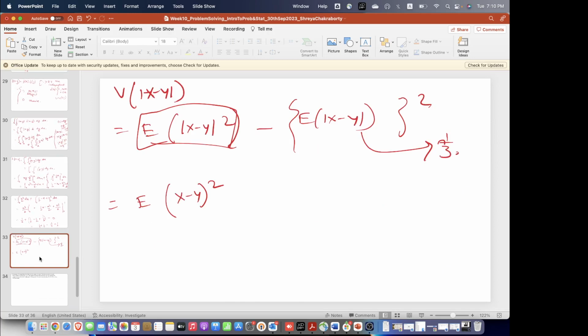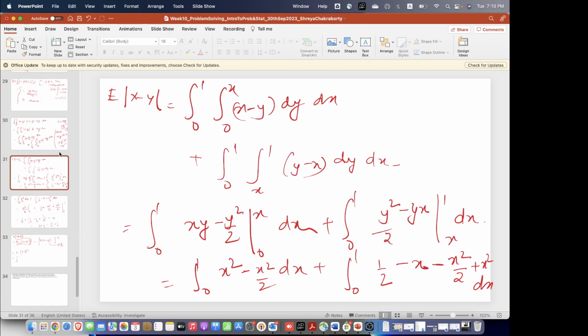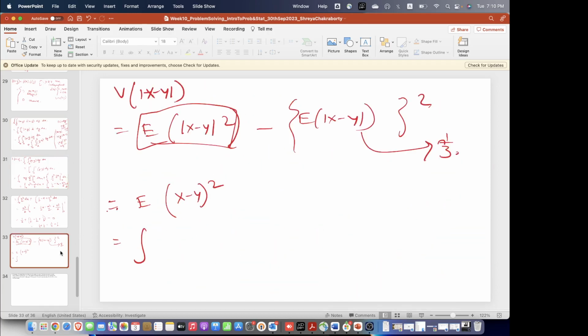So what we had here is, when x is from 0 to 1, and y is between 0 to x, then y is strictly less than x.